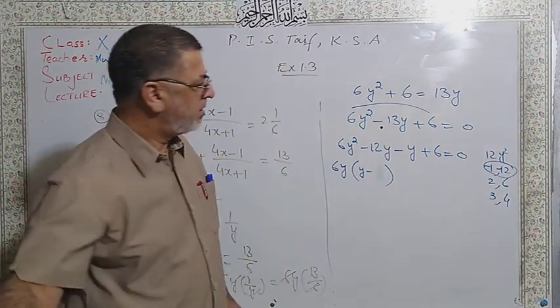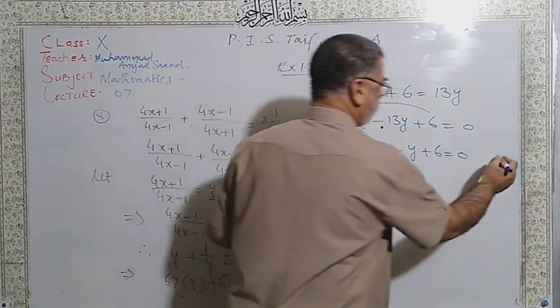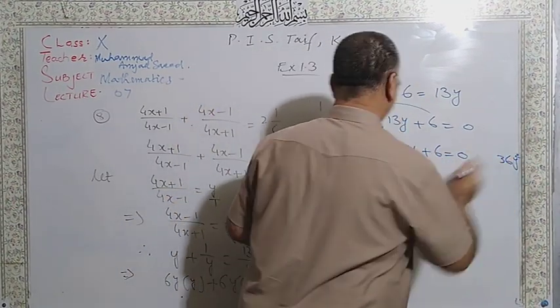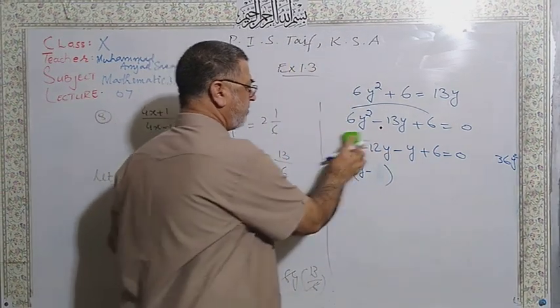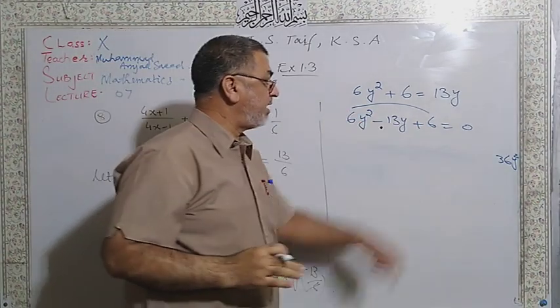Sorry, my dear students, after multiplying it was not 12, it is 36, sorry. It was 36. Actually I was adding, actually they are multiplied.